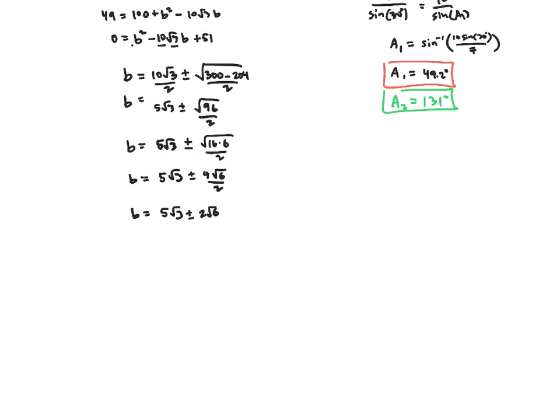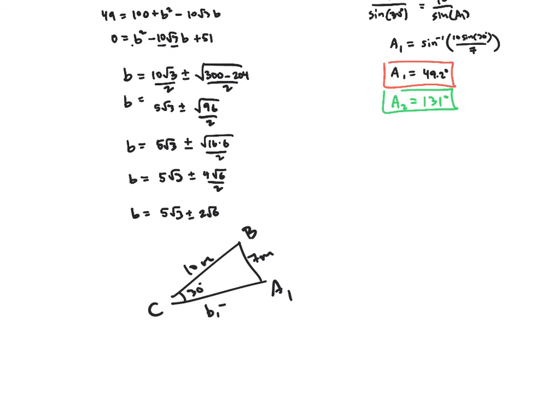All right, so let's solve for the two triangles in question. Here was A1, here was B, here was C. We had 30, we had 10, we had 7, and that was meters, I believe.